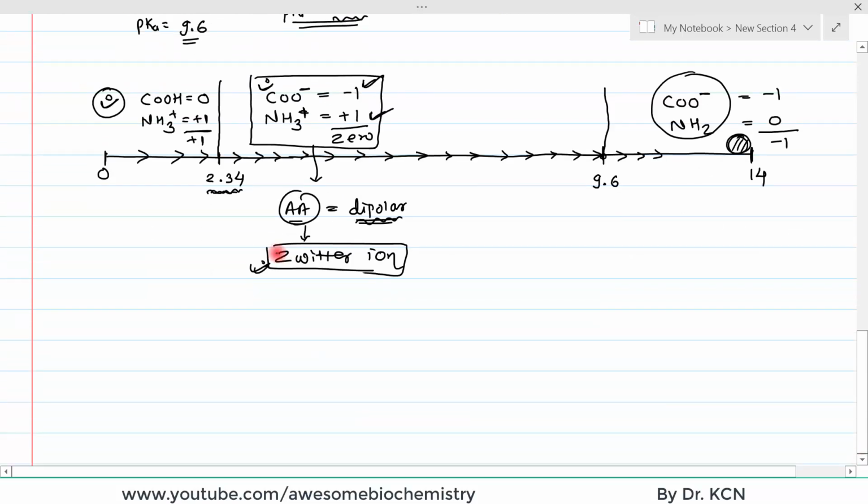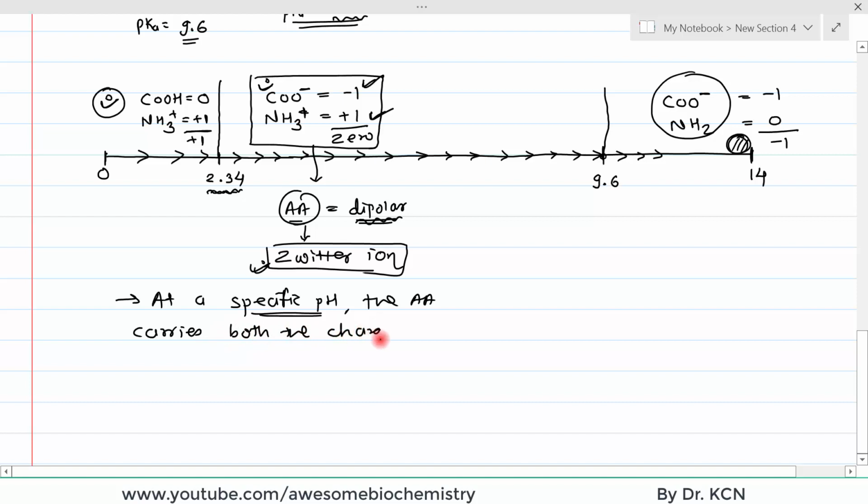Okay, so let's write down the definition of Zwitterion. It is at a specific pH, because Zwitterion formation is not occurring at any pH, right? It is occurring at a specific pH. So at a specific pH, the amino acid carries both the charges in equal number.